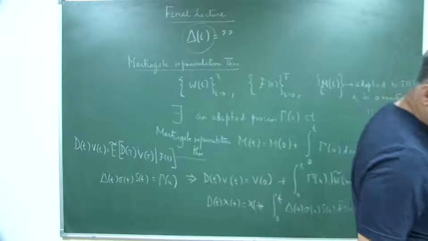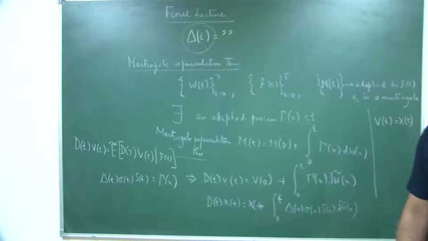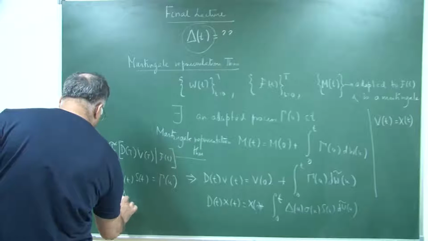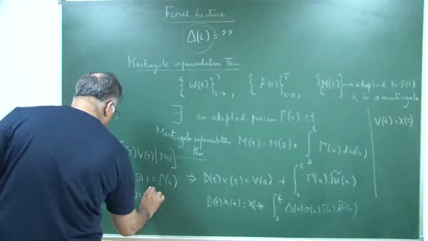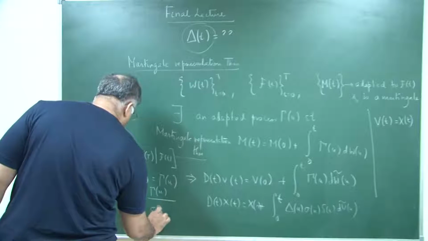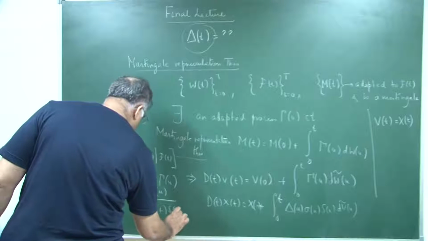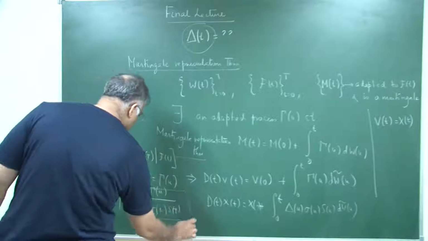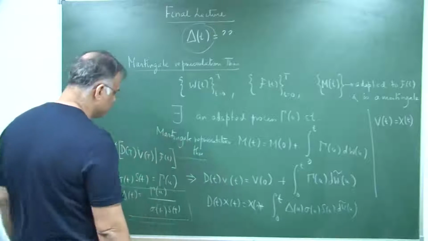If I choose this tau u or tau tilde u, it does not matter. So there must be some process with respect to which this is the delta t.